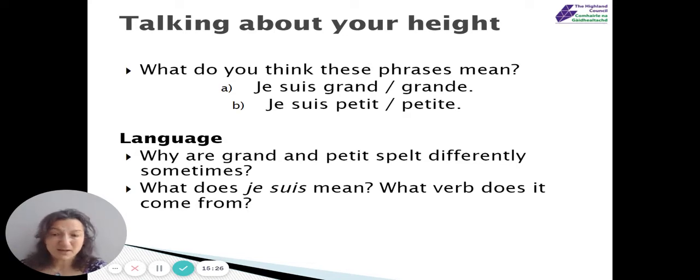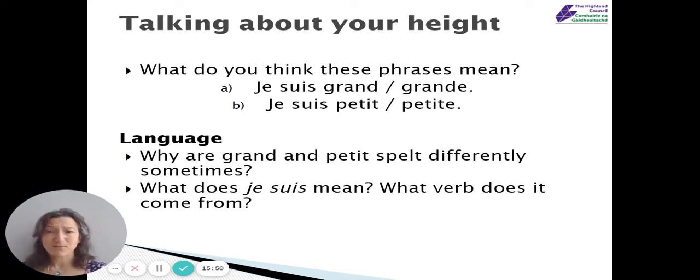Okay, and I would ask the learners, why do you think they're spelled differently? Or why do you think they sound differently? Je suis grand, and je suis grande. Je suis petit and je suis petite. Petite et grande. Why do they sound differently? They might understand, they might have remembered it from colours, okay?